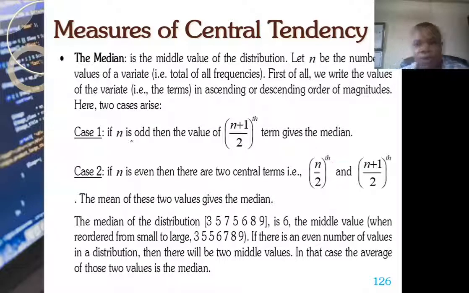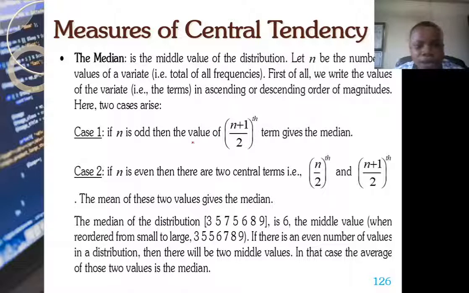Also, we can think of estimating the median, which happens to be the middle number. Once you have been given a set of data or a distribution, all we have to do is arrange it in either ascending or descending order of magnitude.